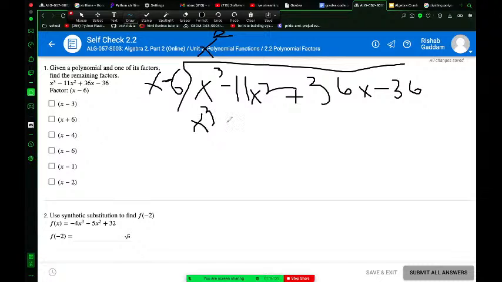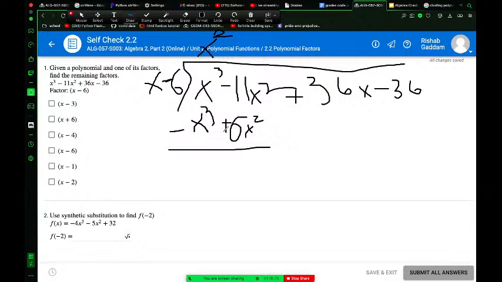So you have x to the power of 3 over there, and then you have minus 6x to the power of 2. Okay, and so now you subtract this value from this value. That means you multiply this whole thing by -1.